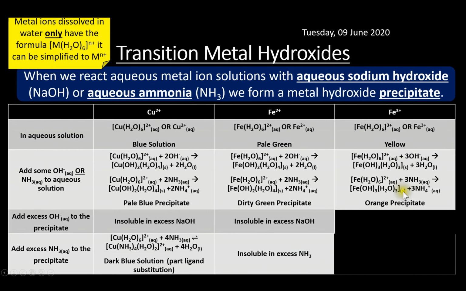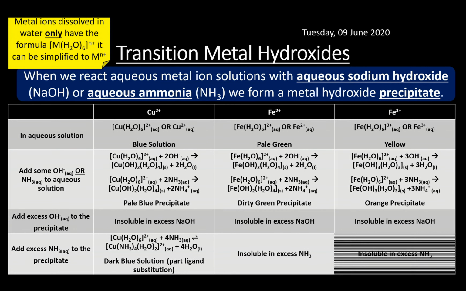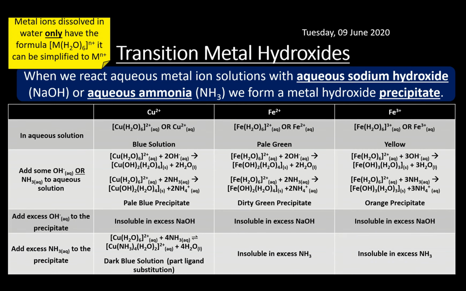So these are neutral complexes, so they form a solid. Now the precipitate is orange in this case. Again, when we add excess hydroxide, it's insoluble, so there's no change, and it's also insoluble in excess ammonia as well. So that makes it nice and easy, doesn't it? So the only one where you get a change is the copper one when we add excess ammonia to that.